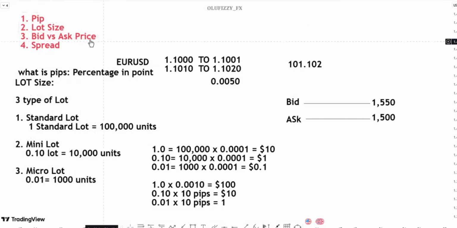While the ask and bid price is the amount a trader is willing to buy or sell, the spread is the difference between the ask and bid price, and is the commission your broker charges you on every trade you open.